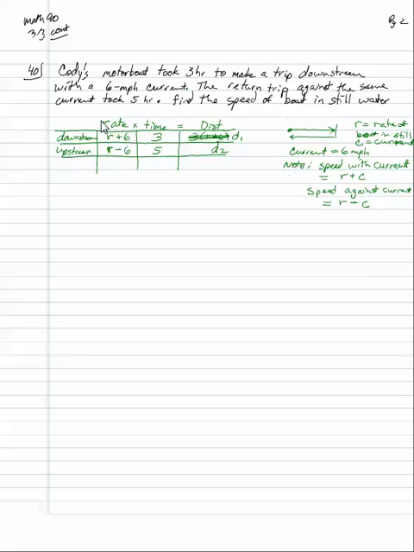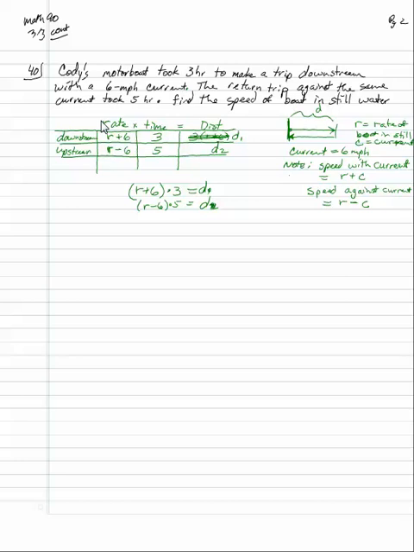So we use the equation R plus 6, I'm going to move the 3 to the front, times 3 equals D1. R minus 6 times 5 equals D2. And what do we know about D1 and D2? Since it's a return trip, they're actually the same. So I can erase the subscripts. So it's just D for distance.